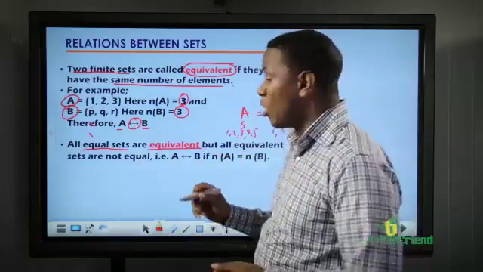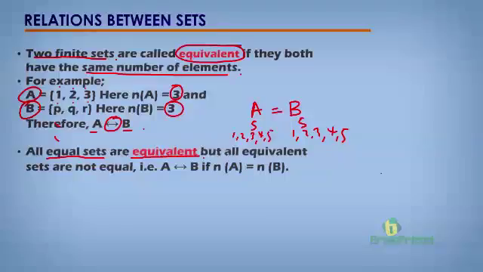If we did a count of the number of elements between sets A and B, we have 5 elements in set A and 5 elements in set B. Therefore, these 2 sets, which are equal, are also equivalent. But note that all equivalent sets are not necessarily equal.